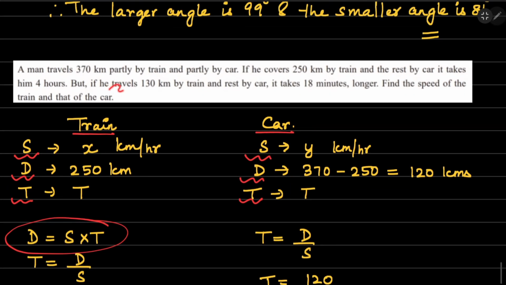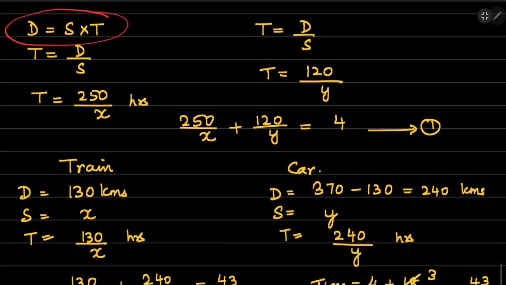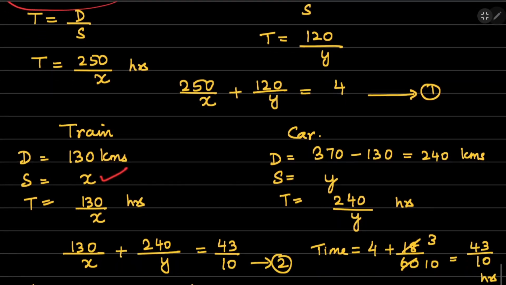In the second equation, if he travels 130 kilometer by train, again, let the speed be x for the train, let the speed be y kilometer per hour for the car. 130 by train, therefore by car will be 370 minus 130, which is 240. Again, the time is distance by speed.